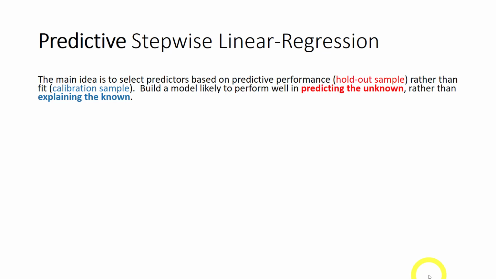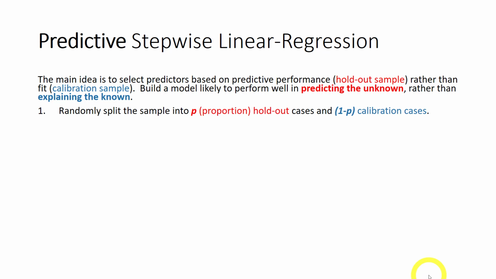Contrary to the standard stepwise linear regression, we are going to select predictors based on true predictive performance, performance on holdout data, a holdout sample that we did not touch. And the goal here is to build a model likely to perform well in predicting the unknown dependent variable, rather than explaining the data that we already know, the calibration sample.